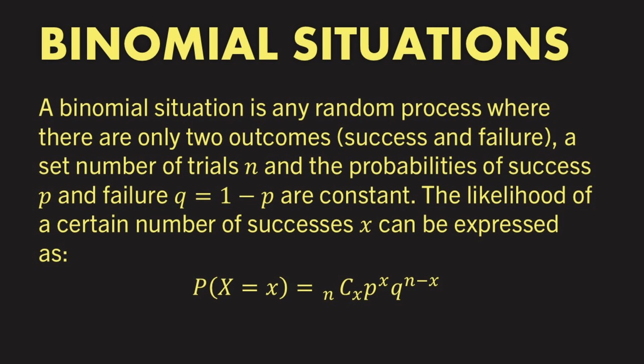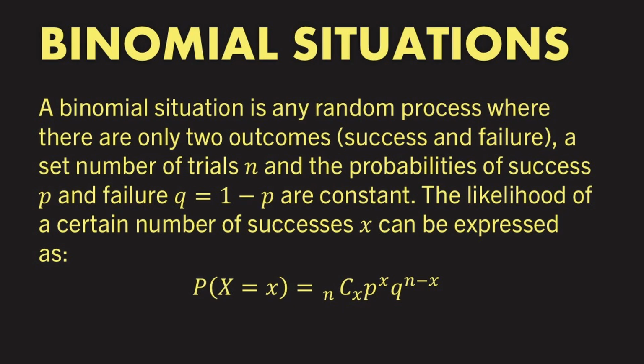And we have the probability of success, which let's call P. And then the probability of failure, let's call it Q, but that is going to be 1 minus P, because as I can either fail or succeed, the probability of failure is 100% minus the probability of success. Those two are going to be constant, so each time I try this, the probabilities stay the same.